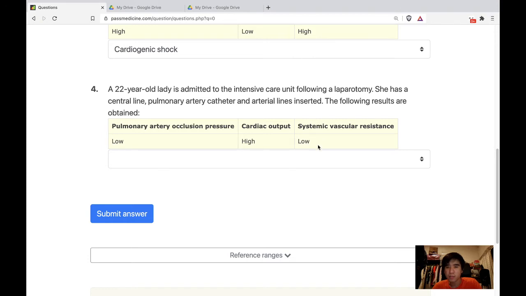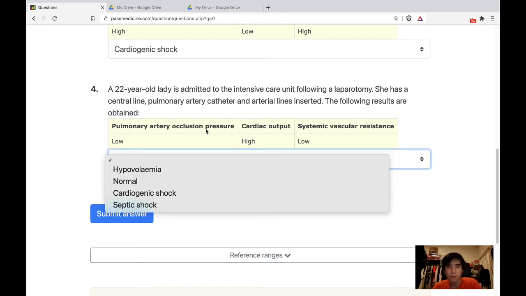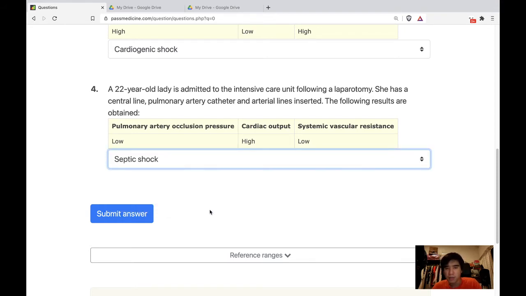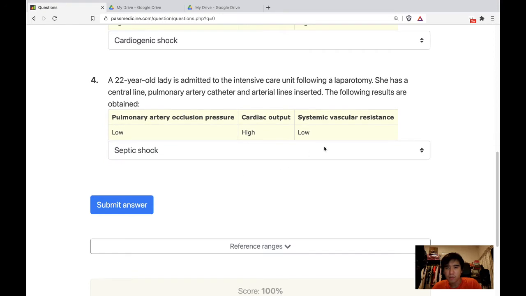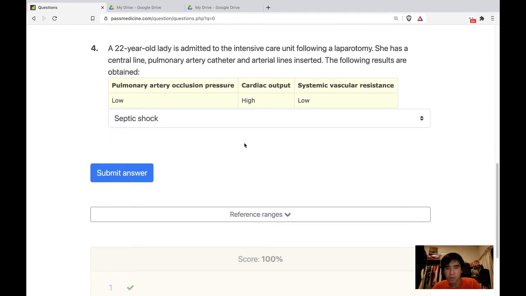In this case, probably vasodilation causing the systemic vascular resistance to be low, and then the heart is compensating by increasing its heart rate, increasing cardiac output. Pulmonary artery occlusion pressure low, probably a normal low. In this case, I'll answer septic shock because of the low vascular resistance and high cardiac output.